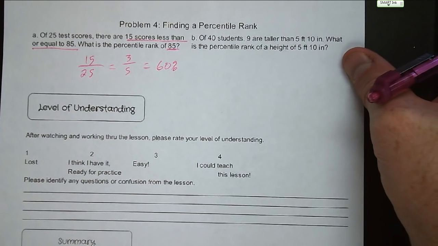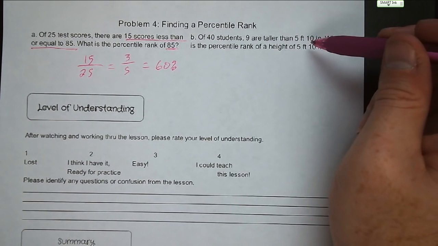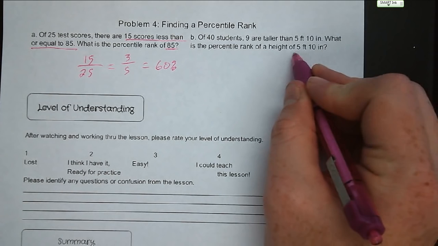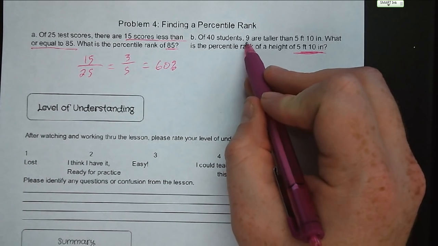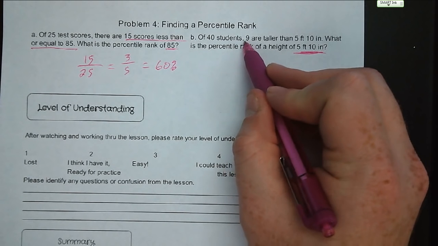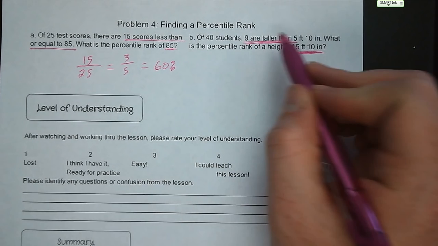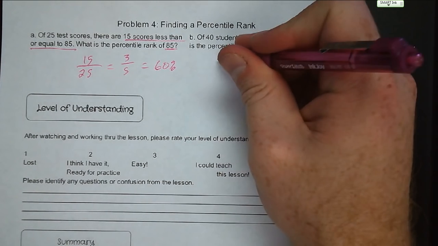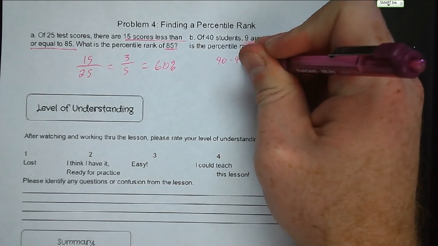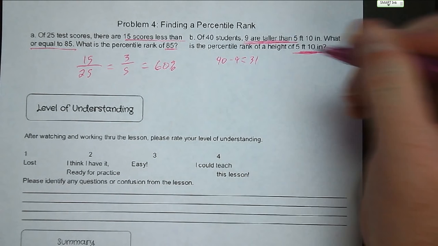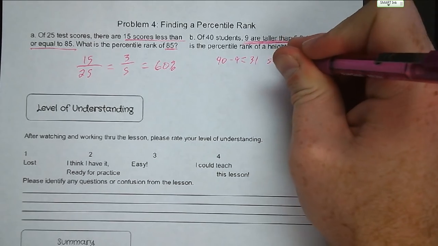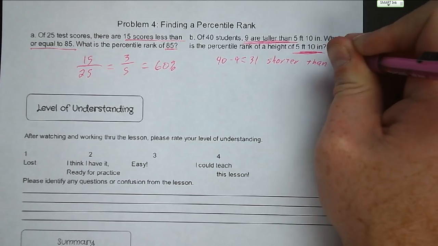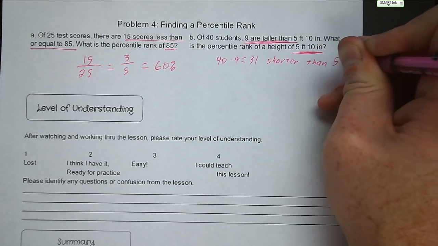Of 40 students, 9 are taller than 5'10". What is the percentile rank of a height of 5'10"? So if there's 9 that are taller than 5'10", we need to figure out how many are shorter than 5'10". So 40 minus 9 is equal to 31 shorter than 5'10".